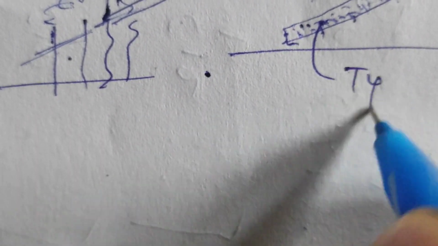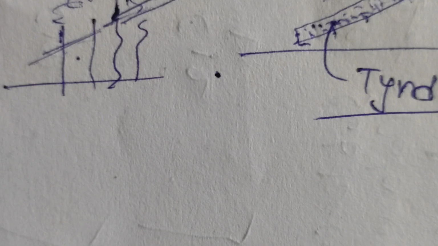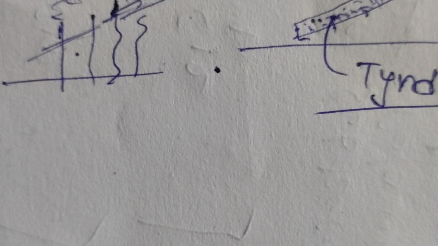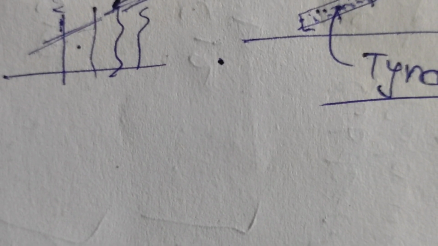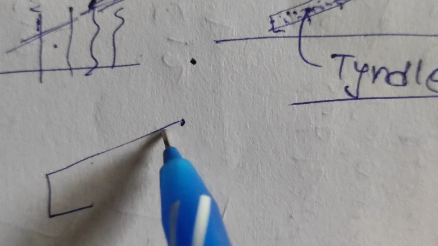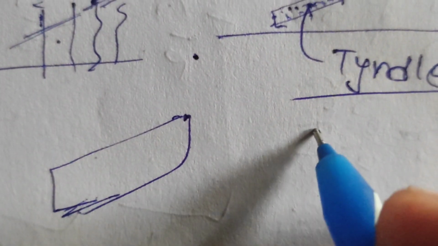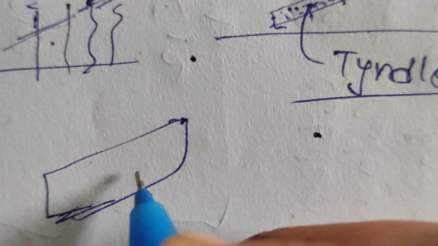This effect was shown by Tyndall, so that's why it's called the Tyndall effect. The beam where these particles are located, we see as a beam-like structure of light. This is called a Tyndall beam.